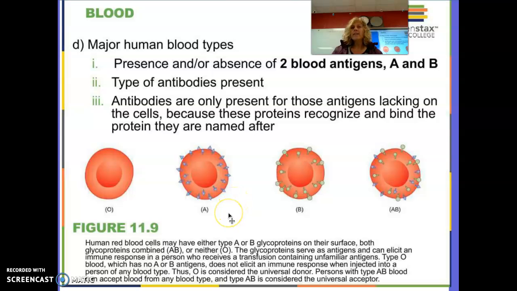Not that there's a big advantage to us in attacking other people's blood if we had to get blood that wasn't the same type, but in our bodies, we have this really great system that recognizes self and non-self, and it is super important. It just, unfortunately, wouldn't necessarily be super important in getting blood from other people, if that makes sense. But you can see why, if I have type O blood, I'm a universal donor.